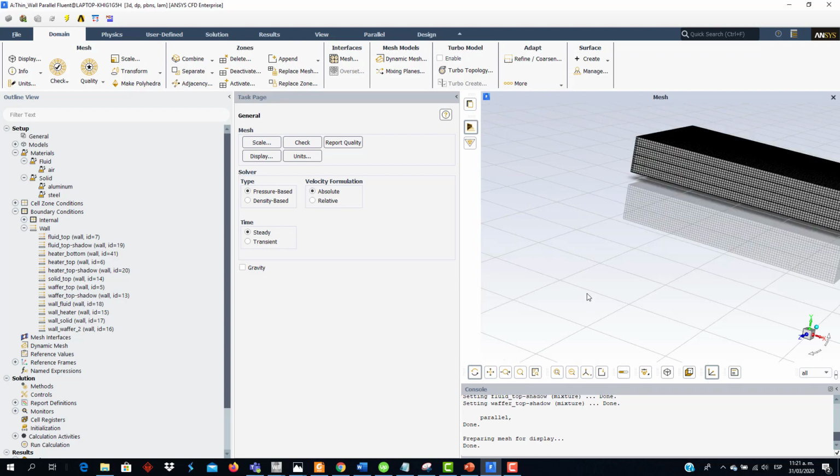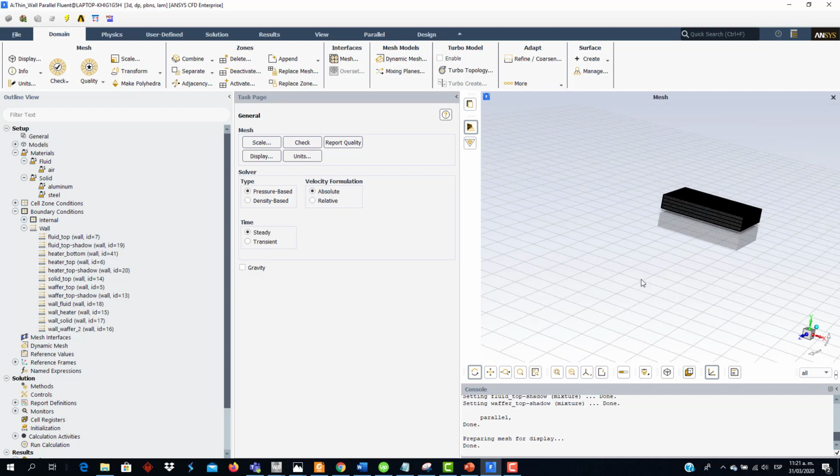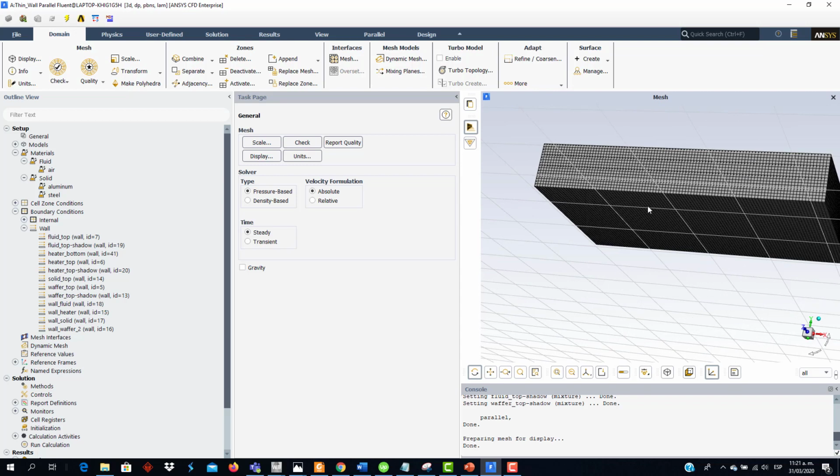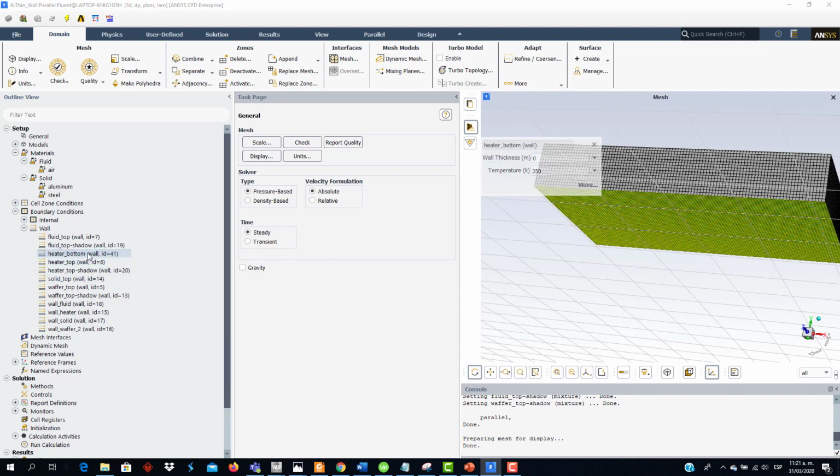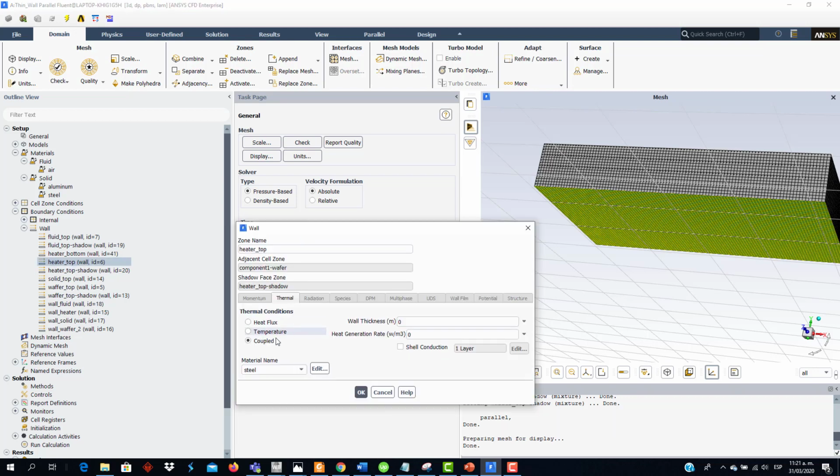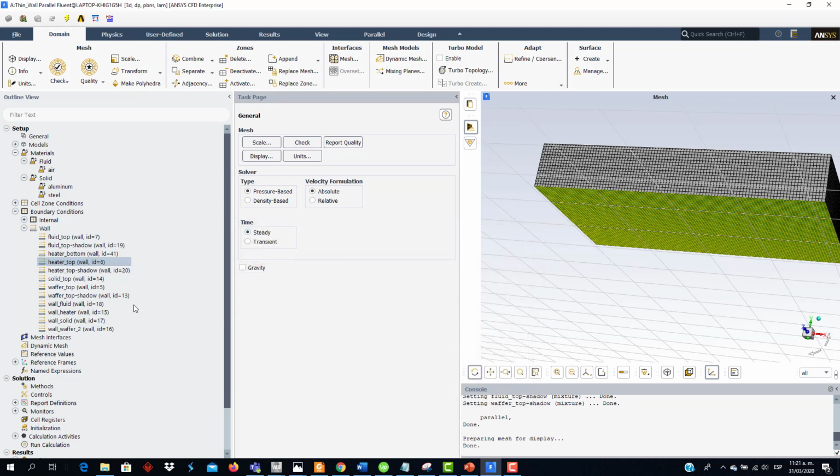For this purpose, this boundary condition, the heater bottom wall, was prescribed with a temperature of 350 Kelvin. Then the other walls, for example, the heater top wall, was prescribed as coupled because there is an interface among different bodies. Then it's recommended to use coupled.